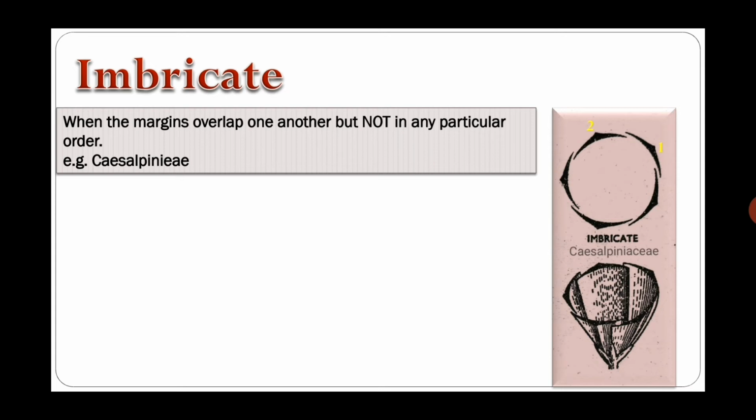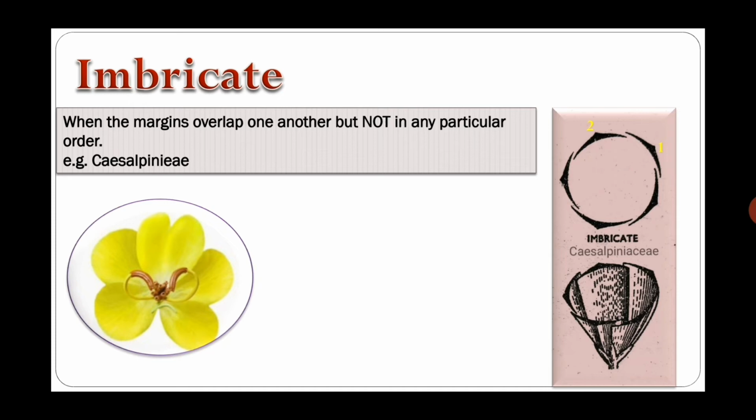So there is no particular order, as was the case in twisted estivation. There was a regular order in twisted estivation, but here in imbricate there is no regular order. Only one sepal is completely outside, the second sepal is completely inside, and the remaining 3 are alternate, that is one margin inside, one margin outside.